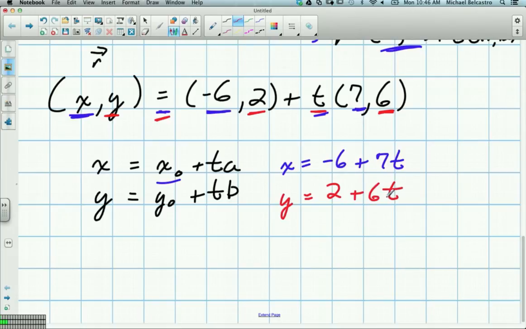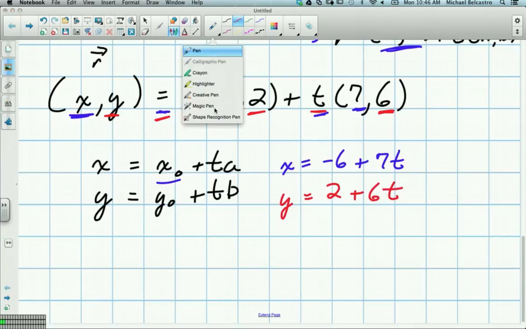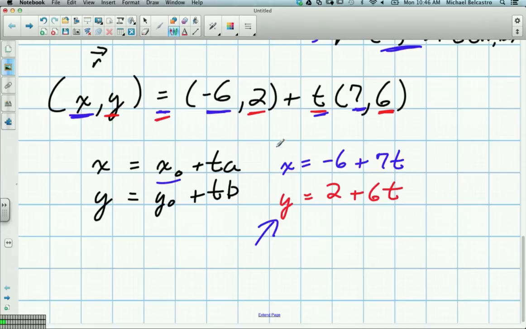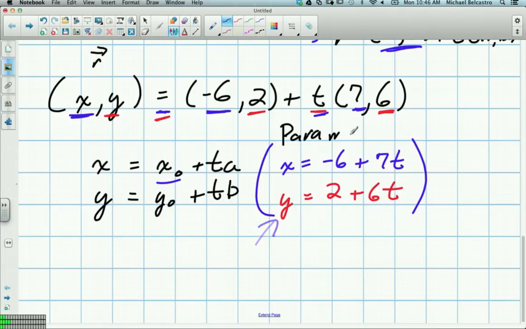And what's good about this form is we can find coordinates along this vector very simply when we're in our parametric form. So let's write that title there. What we mean by that is I can put in any number for our parameter t and find xy coordinates along this vector.